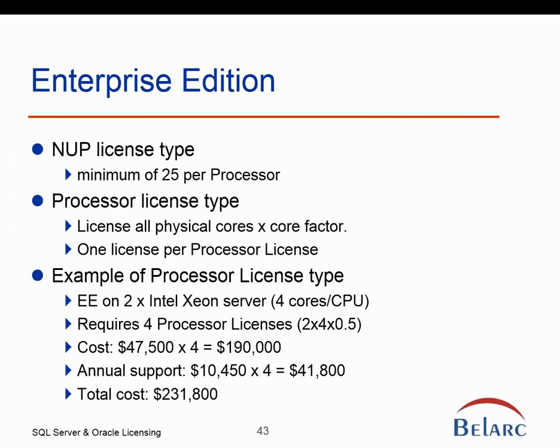So we're looking at 2 CPUs times 4 cores, means a total of 8 cores. But because the core factor is 1/2, it's computed as 4 processor licenses. Therefore, if you have 4 processors, you need 4 processor licenses. So you see the cost of $47,500, list at least, multiplied by 4 gives you your total cost.